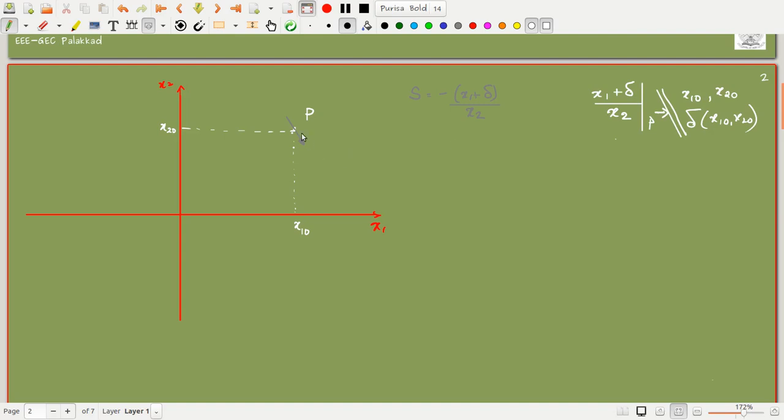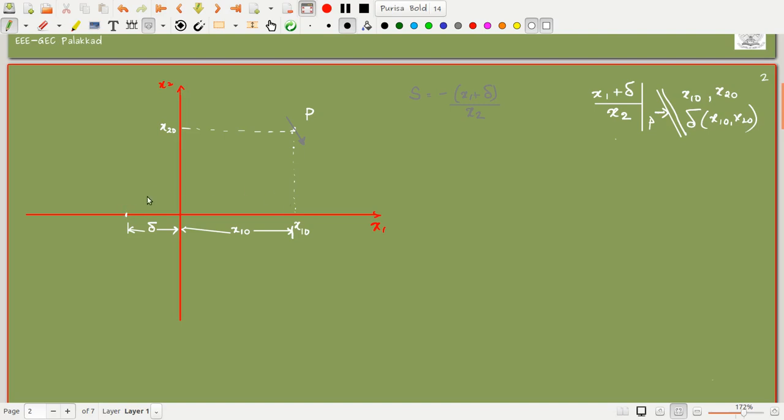So what is x10 plus delta? It is some distance, right? I'm going to mark that value correspondingly. I'll move a little bit to the left and mark delta here, and this distance is x10. So I have got the total distance x10 plus delta, and this height is x20, right?